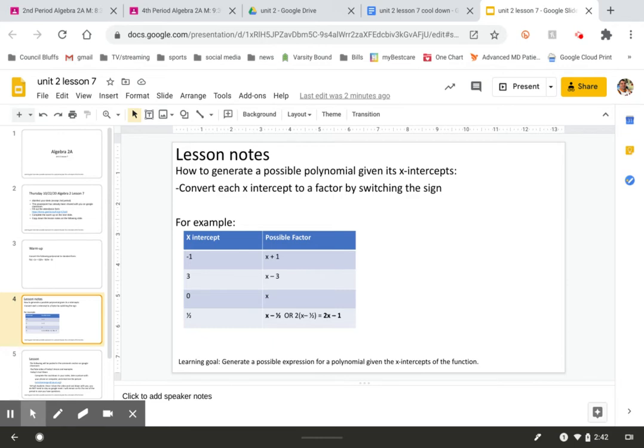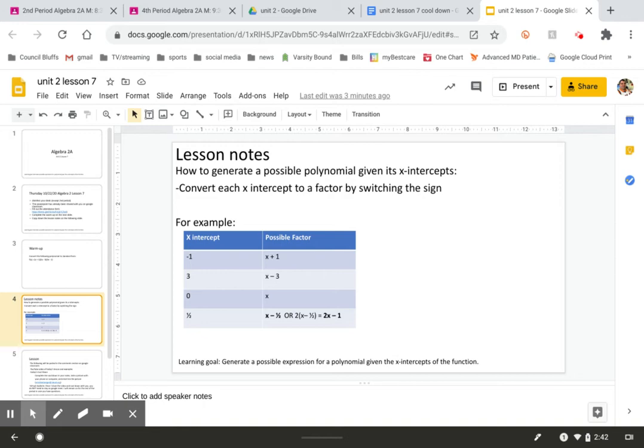Very often, because the denominator in the x-intercept here is 2, they'll multiply each term of the factor by 2. So 2 times x is 2x, and 2 times negative a half is -1, and we get a factor of 2x minus 1.